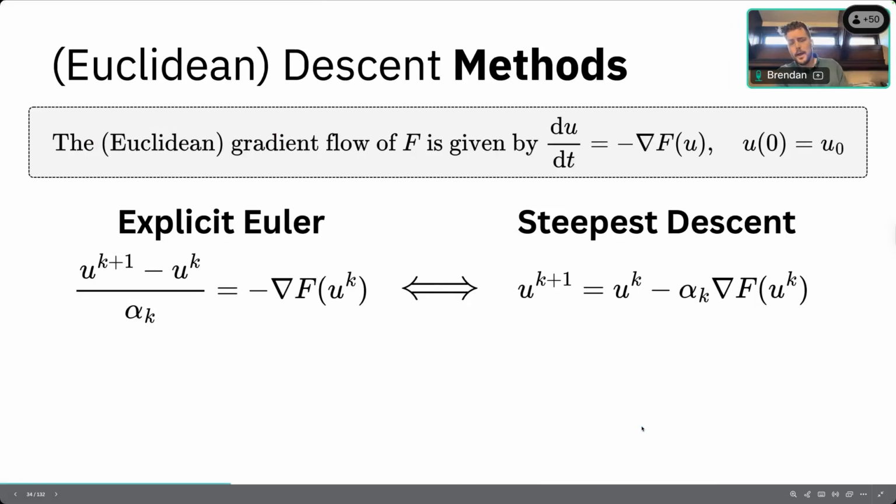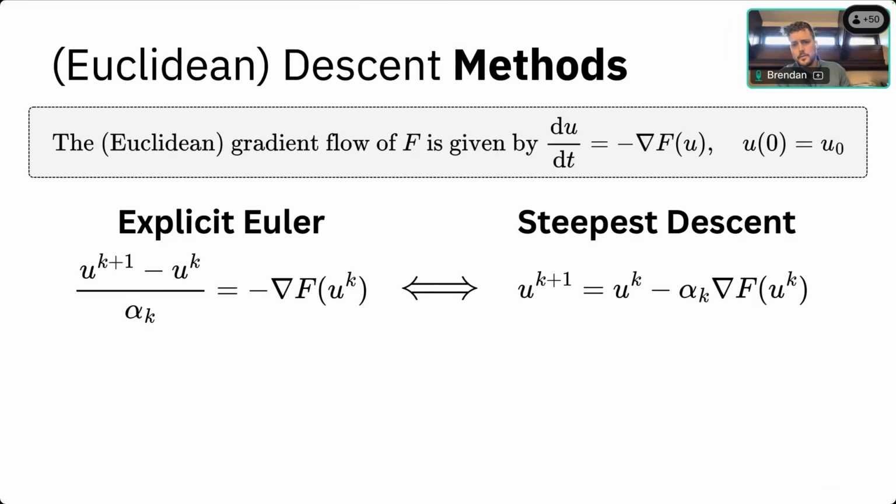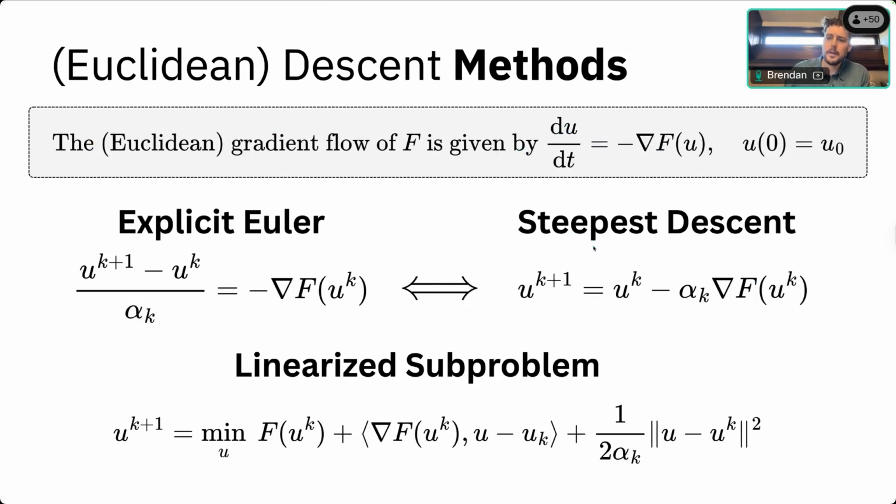Okay, and how do we usually discretize gradient flows? Well, we use steepest descent, otherwise known as explicit Euler. If it's a Euclidean gradient flow, we have this equation here. It's the well-known explicit Euler formula. It's just the rewriting of steepest descent.